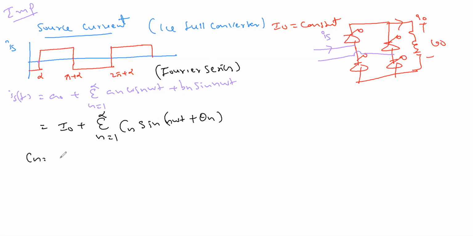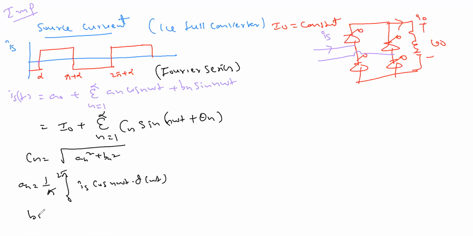Where Cn is square root of an square plus bn square. You know the values of an and bn, that is 1 by pi integral 0 to 2 pi. What is an here now? Let me write it here. In mathematics you would have written IS, zero to 2 pi source current.